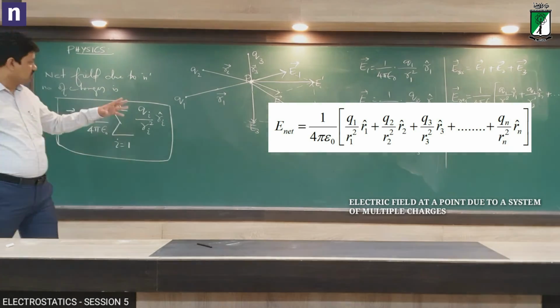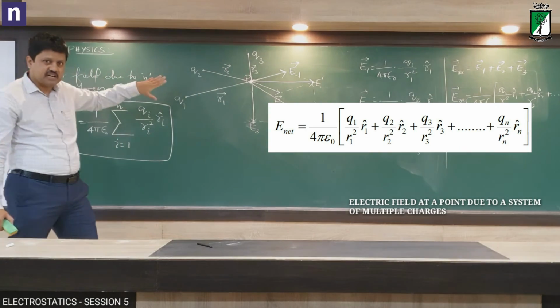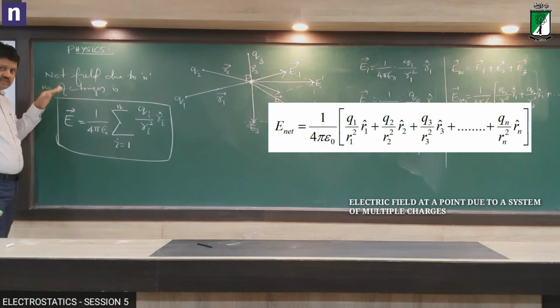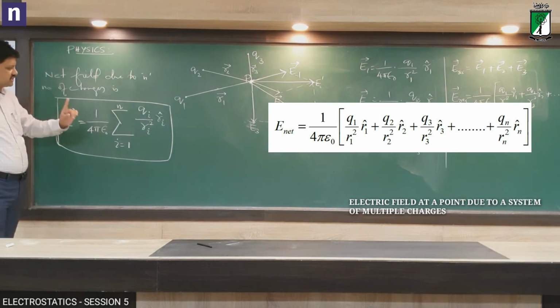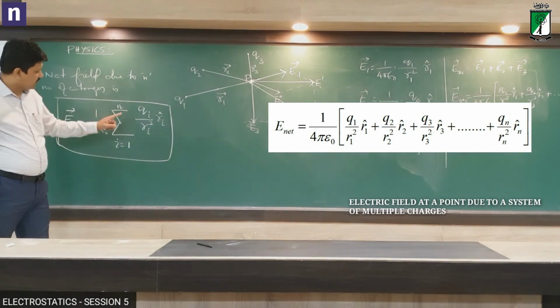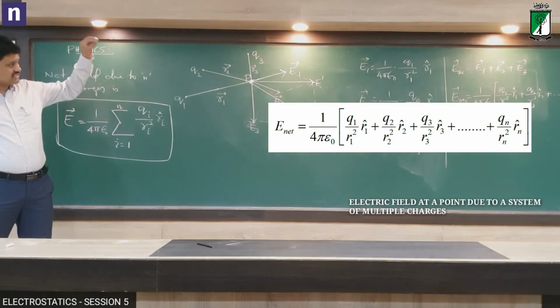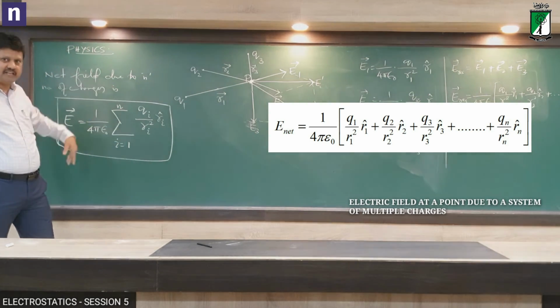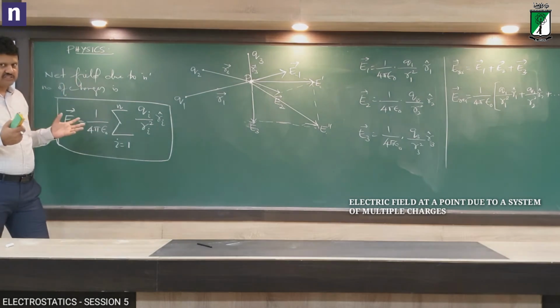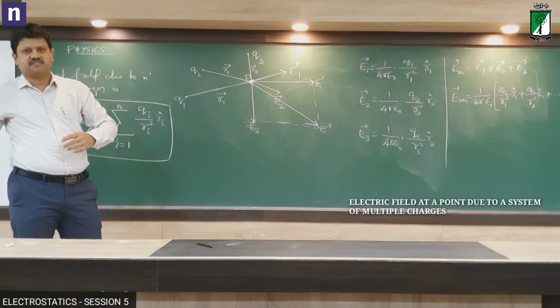Recall when we took the force expression, the force on a charge due to a system of multiple charges. Almost the same equation was there, but there i was equal to 2 to n, remember that, because the one charge on which you are finding the force is due to the remaining charges. So of the total n charges, on one charge you are finding the force due to n minus 1 charges.